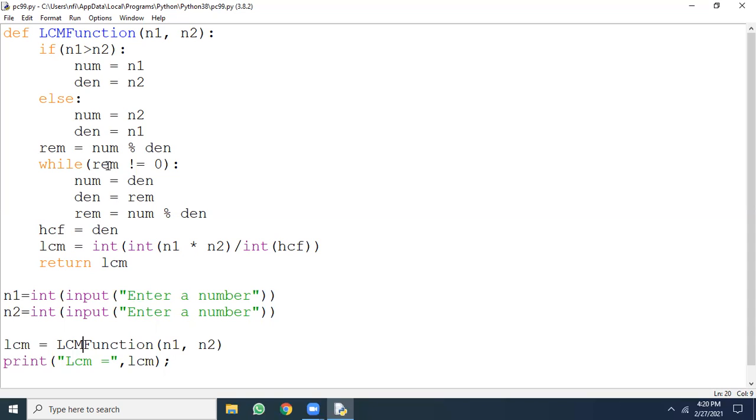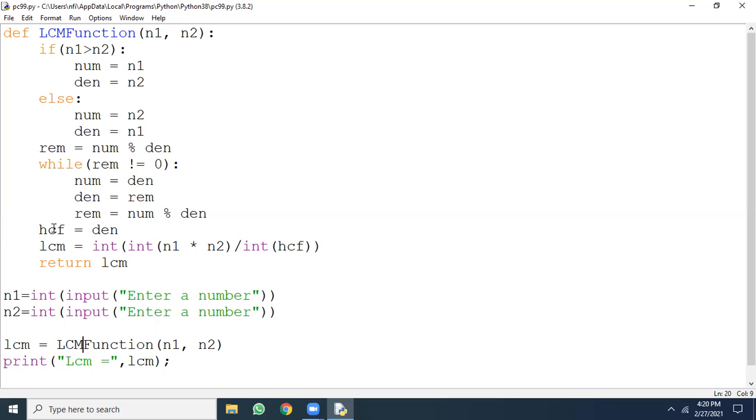This whole process will continue till rem is equal to 0. Once rem becomes 0, things will stop. After that, at the end of the loop, we are placing the value of the denominator in variable GCF.